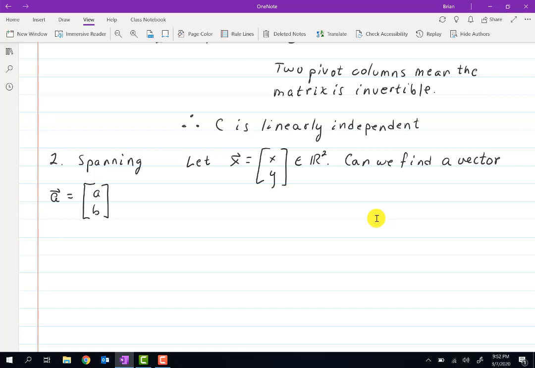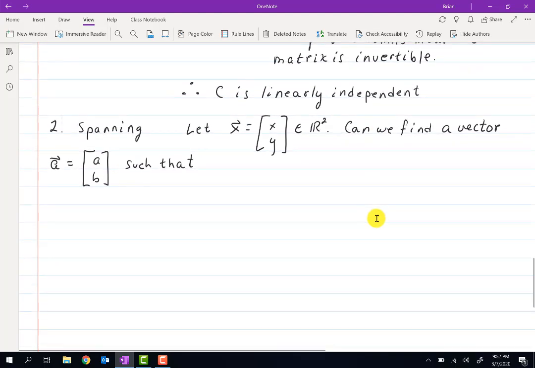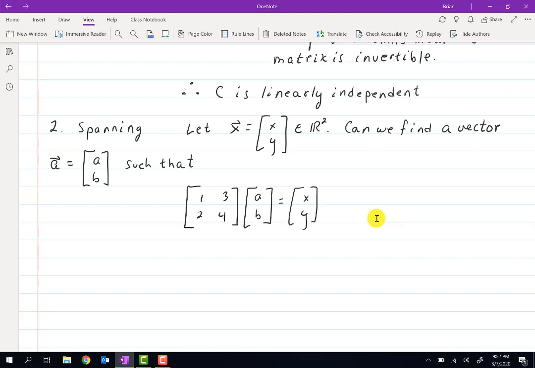Can we find a vector such that, what were these vectors again? 1, 2, 3, 4. The matrix 1, 2, 3, 4 times (A, B) equals that given vector. Well, I've already answered the question in the first part.